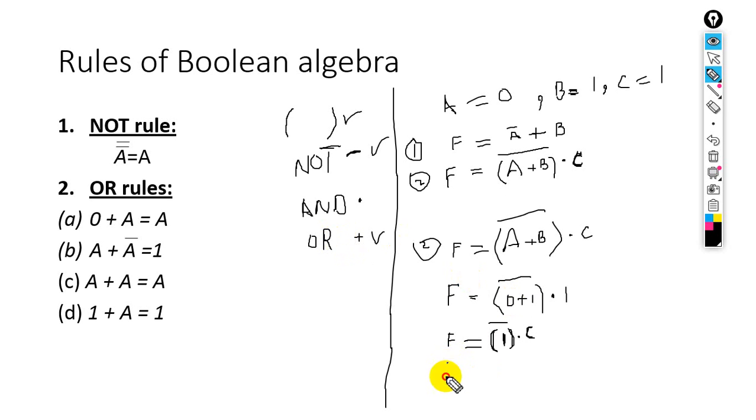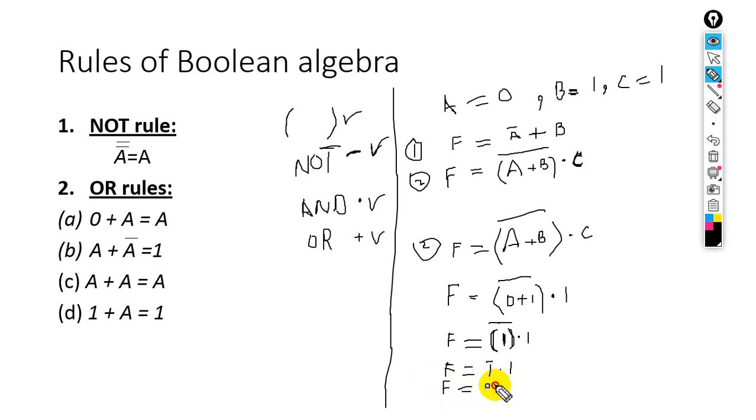F is equal to, so now I will take 1 bar. Then 1 bar dot 1. First the NOT operation should be solved, then the AND operation. Now F is equal to 1 bar, which is 0.